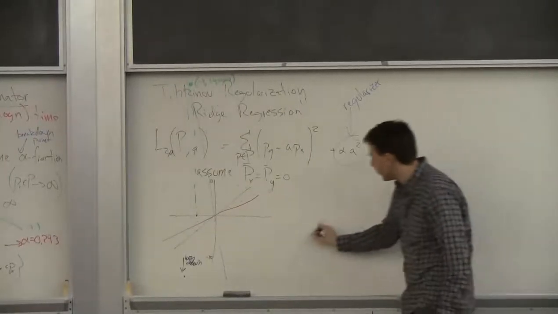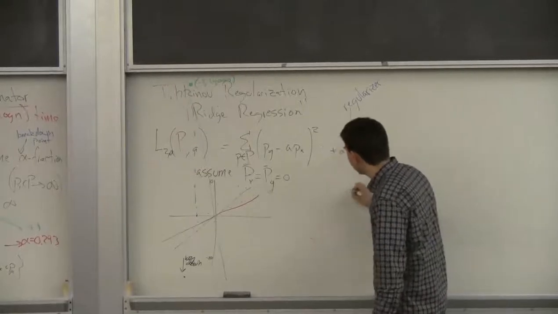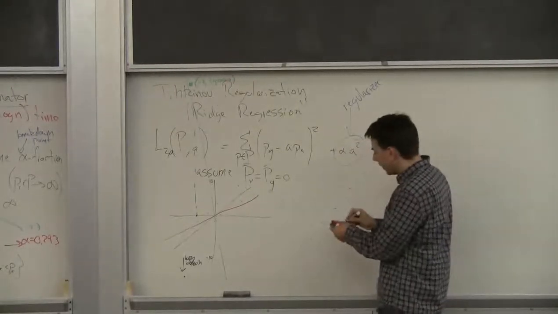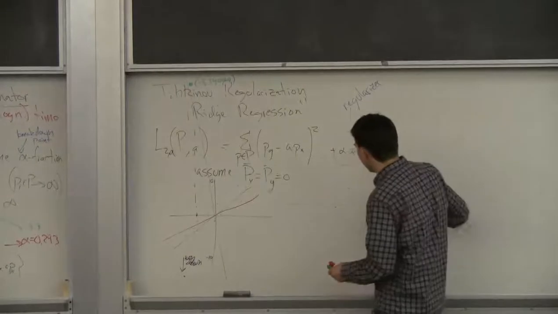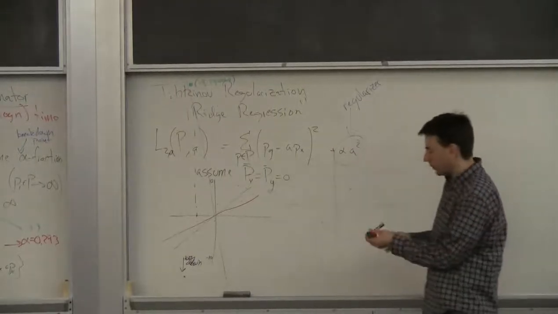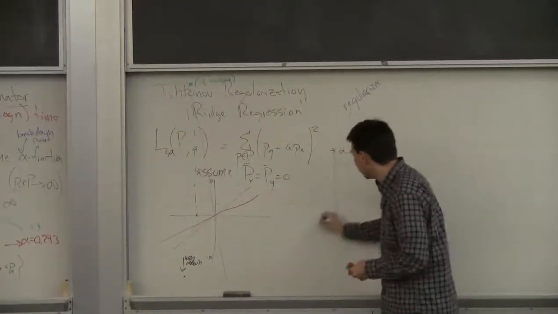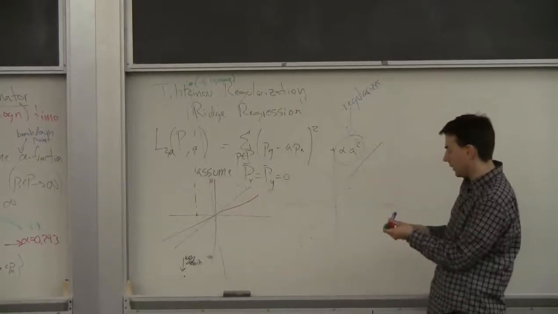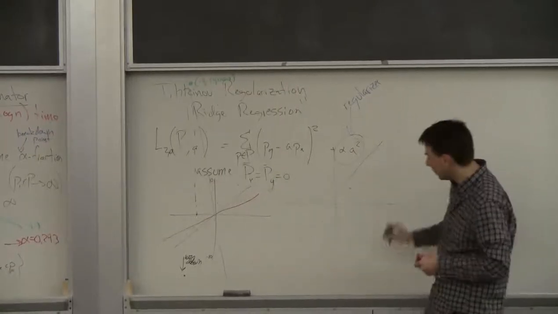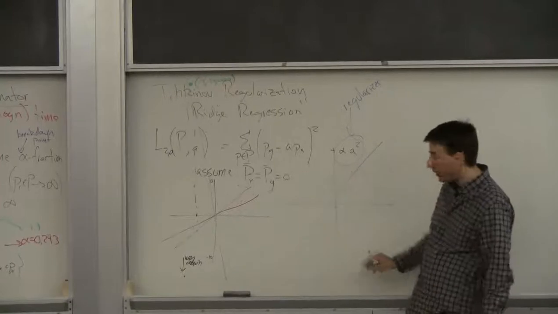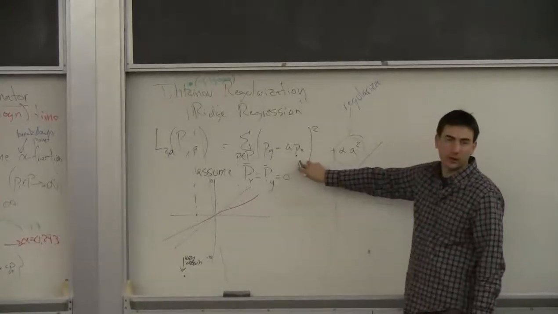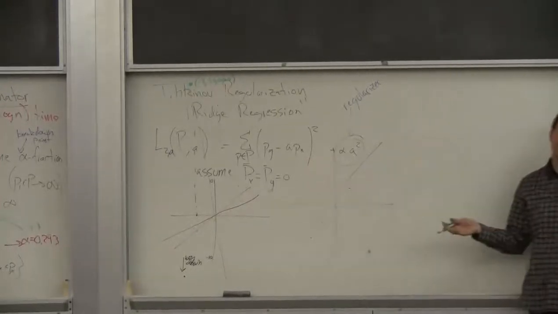And a lot of pictures, like on Wikipedia, will do something where you have data like this, and the line you want to fit is here, and then there's going to be one outlier point, and they're either going to draw the outlier point down here, or they're going to draw it up here. Why is that?